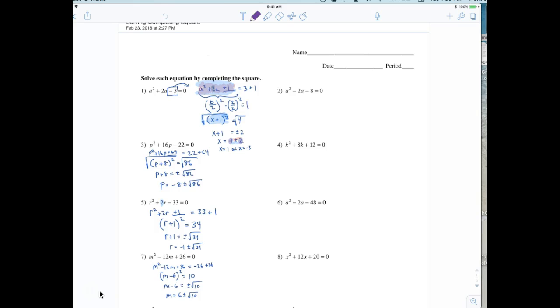That works when there is no x term. It's just x squared. Most of the time, that's not the case, though. Most of the time, there is an x term. So today we're going to solve the equation by completing the square, which is very useful when you take Algebra 2.